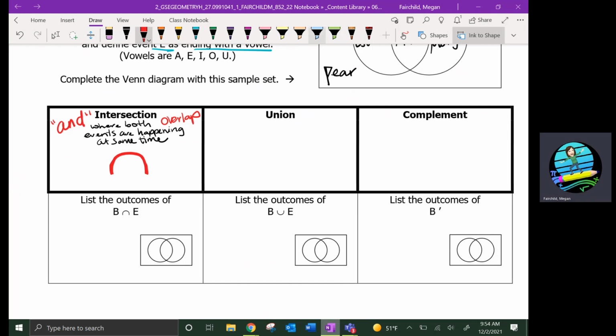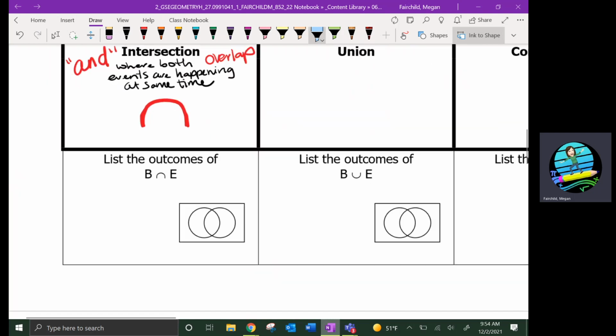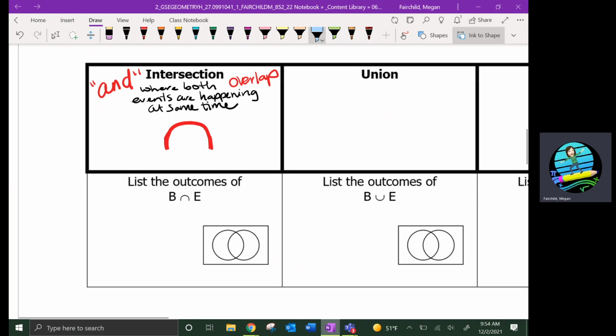So when you get to these diagrams, you're going to shade where B and E overlap. That would be this little sliver right here. That's the intersection. And that's what this little N means.